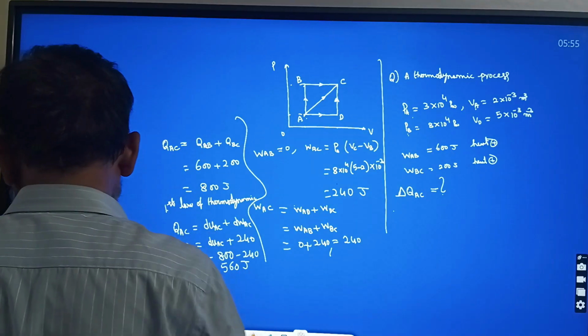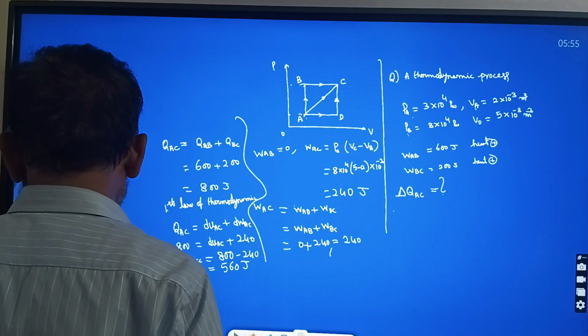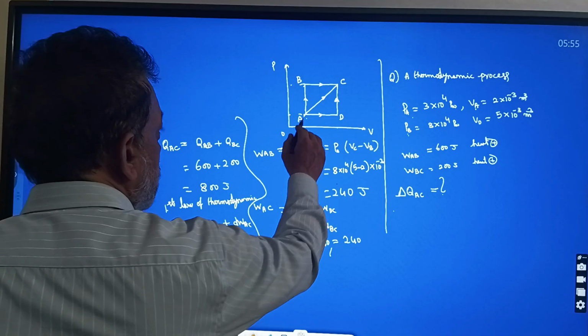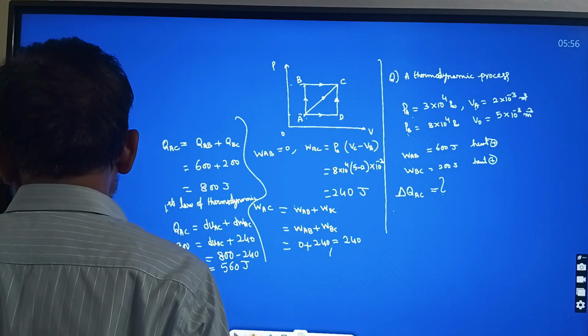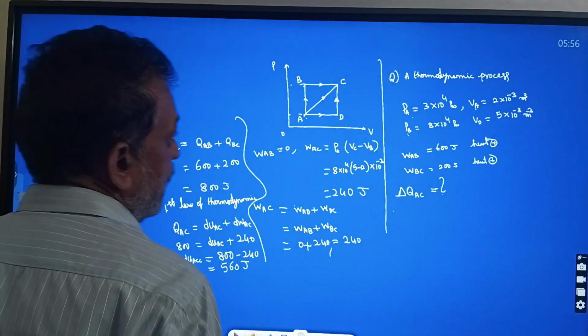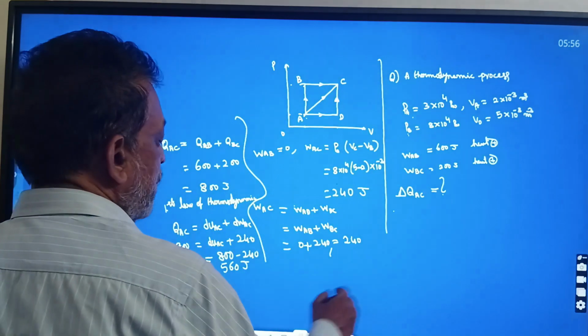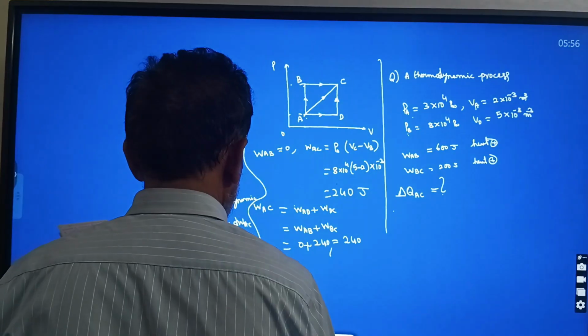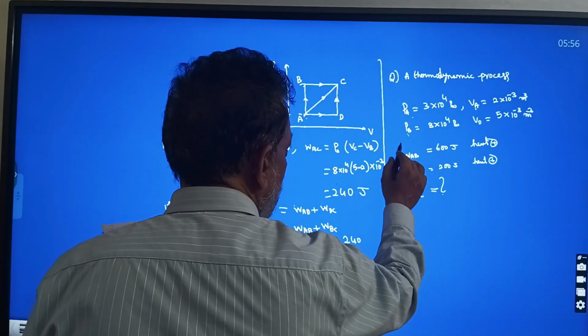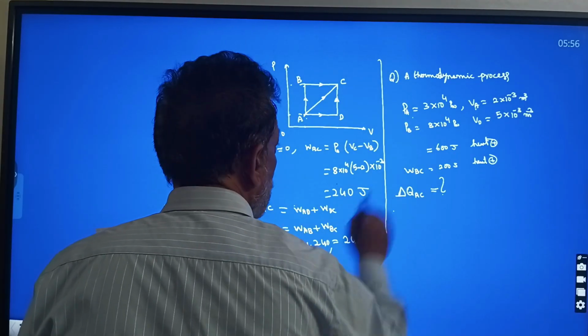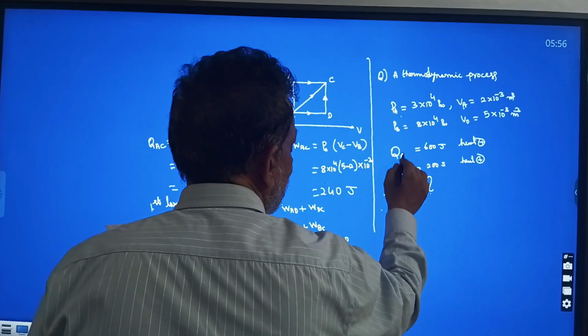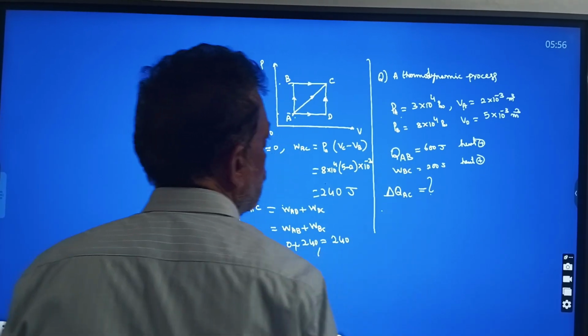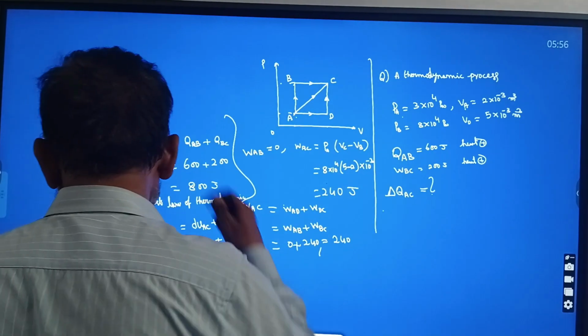So in the process AB, 600 joule of heat is added. I have written work done, but this is wrong. It should be heat added, so I have to write QAB. This small mistake: QAB is 600 joule of heat added to the system.